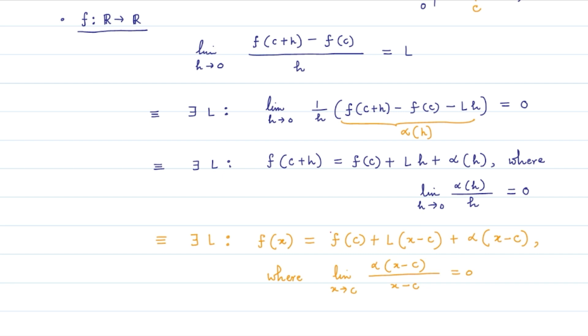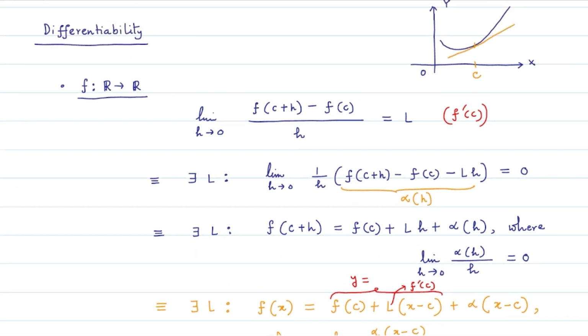Now you notice here that this function y equals f(c) plus this L, which we usually denote by f dash c, times (x minus c), is nothing but the equation of the tangent at the point c on the graph of the function y equals f(x).